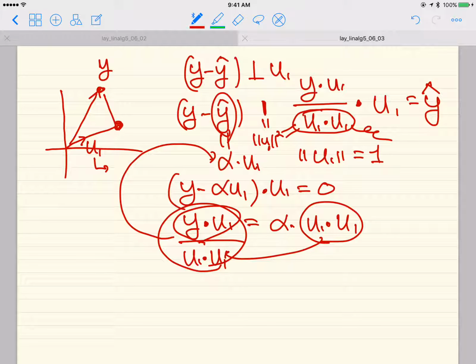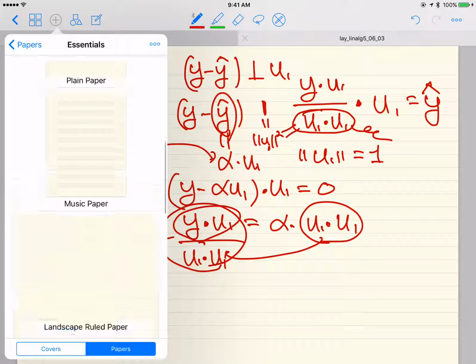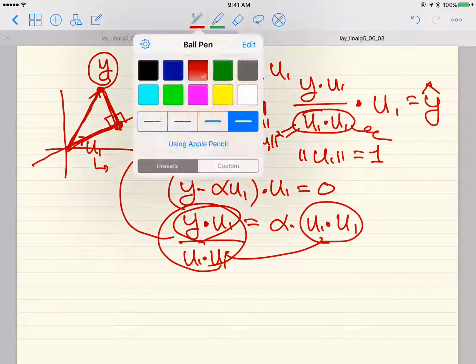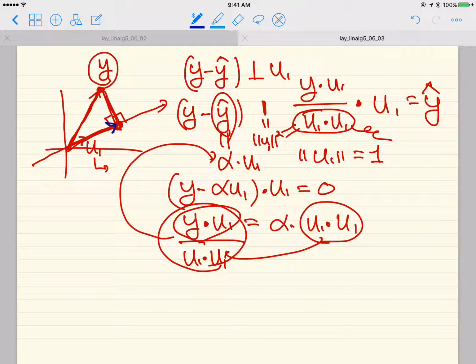Okay, then let's understand this in a different manner. Suppose you have this line and this vector y, and we just think about the trigonometry, the shape of this triangle. What is the vector of this orthogonal projection? First of all, what is the length of this vector?